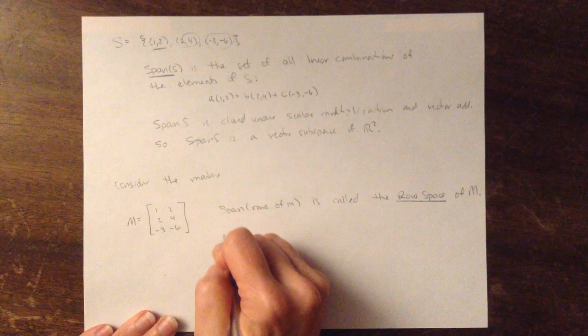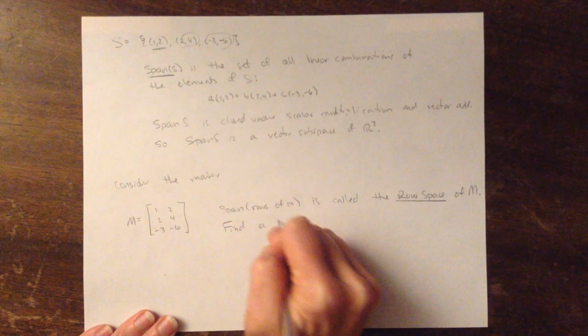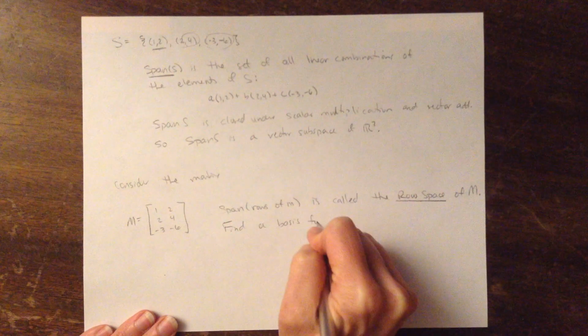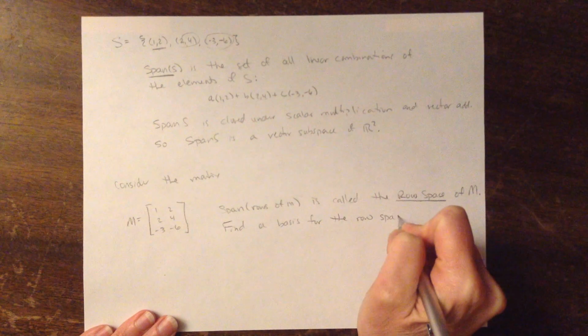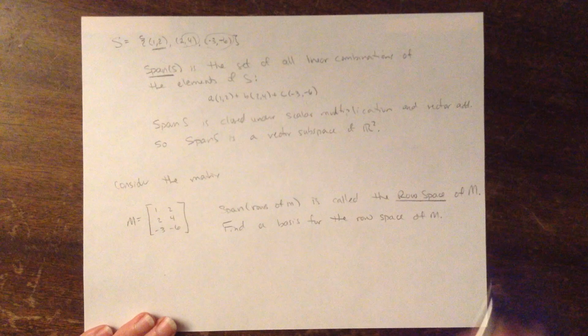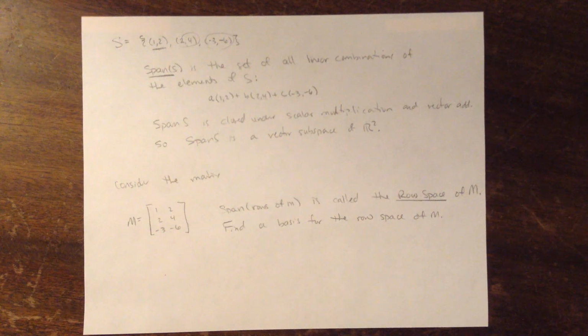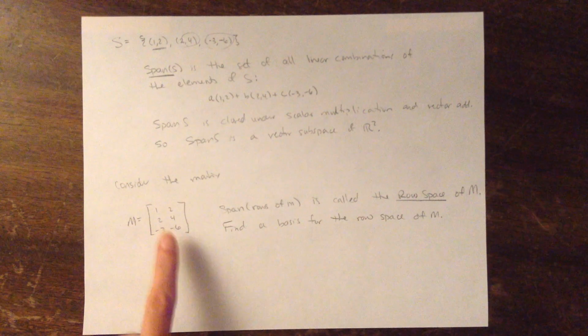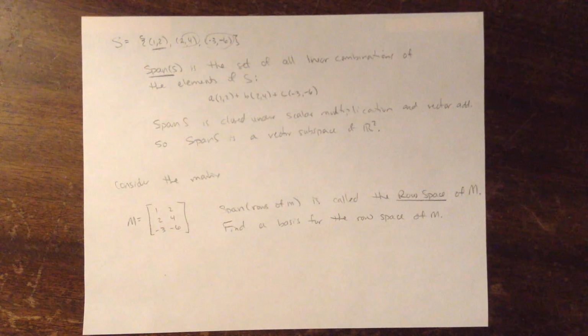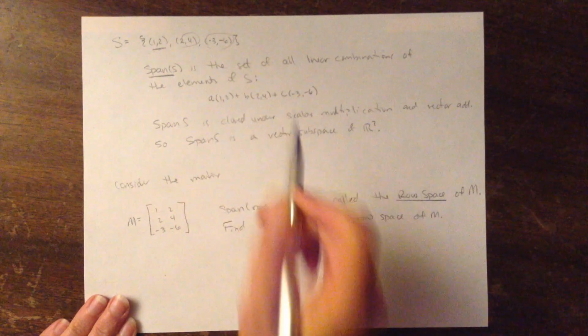So what we'd like to do is find a basis for the row space of M. And so a basis is a set that is linearly independent and spans the set. So we want to find a set that's linearly independent and that spans the span of these rows. So we want to be able to get all the linear combinations that look like this.